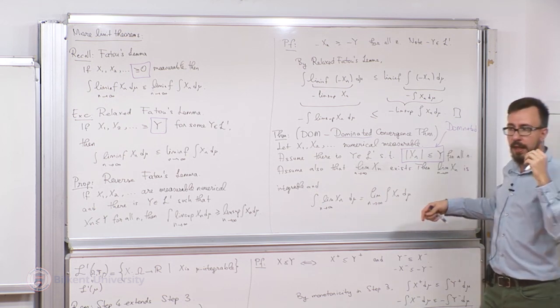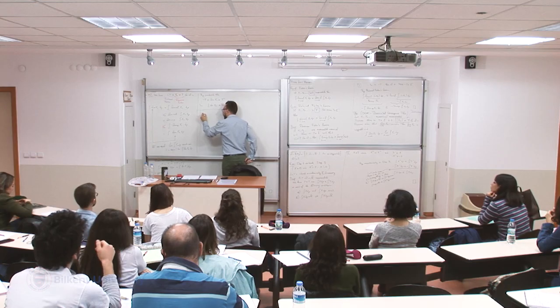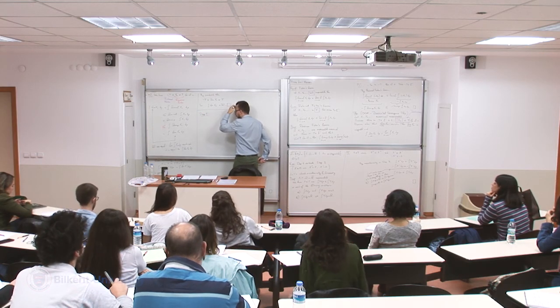Okay? Just for completeness, I'd like to add a step 5 for complex valued measurable functions.